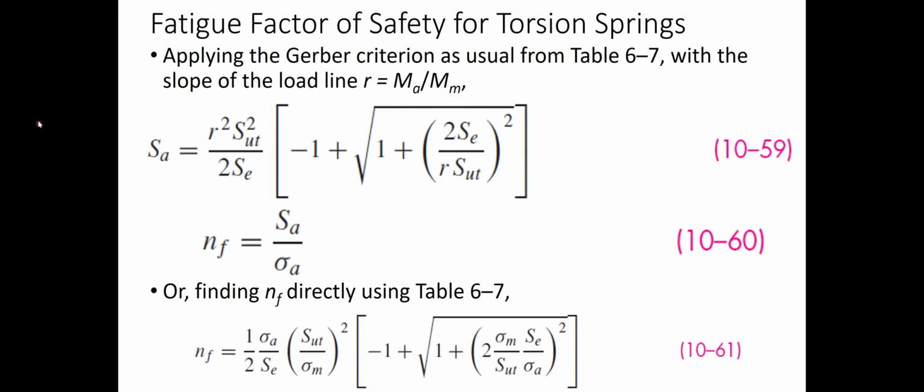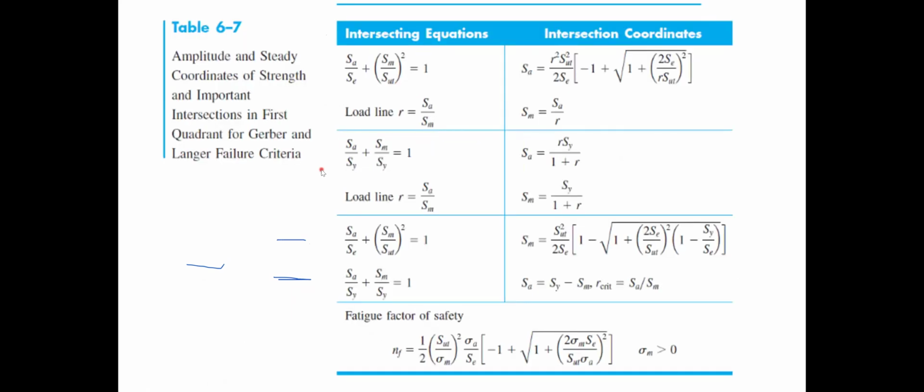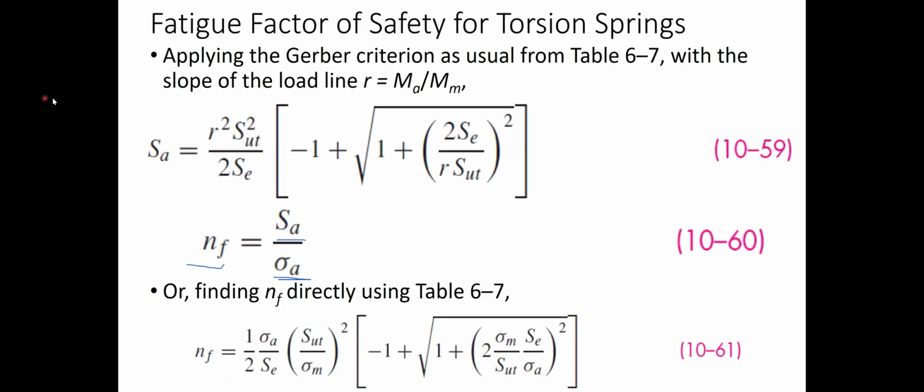And you can define the safety factor as equal to SA divided by sigma A. Let me see, maybe I wrote a notation wrong here, but it's not a big issue.